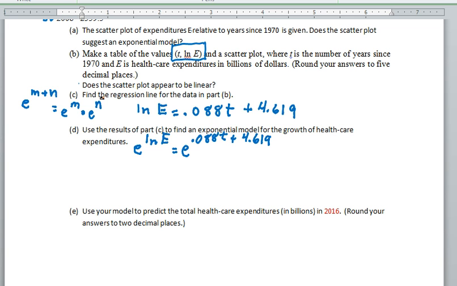And so we're going to rewrite this as e to the ln E, which is E, is equal to e to the 0.088t times e to the 4.619.